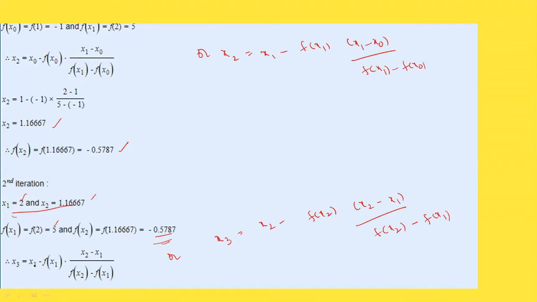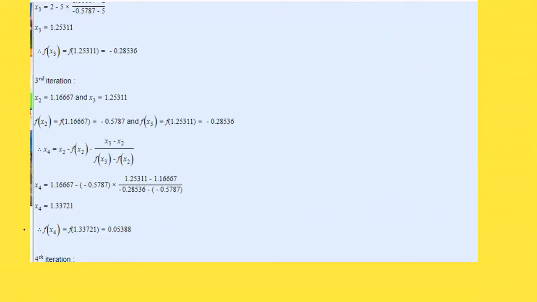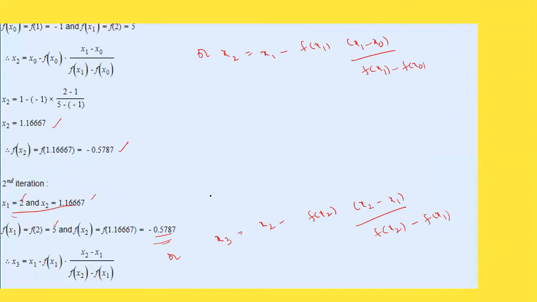So substitute the same: 2 minus, what is your x1 here? x1 is 2, your f of x1 is 5, your x2 is 1.16667.